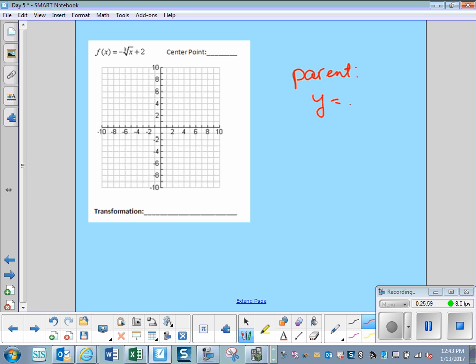Root 3x? What does it mean, root 3? Equals the cube root of x. Yes, third root of x. That's my parent function, the simplest function with the third root. So let's plot it. Remember we did plot it before?